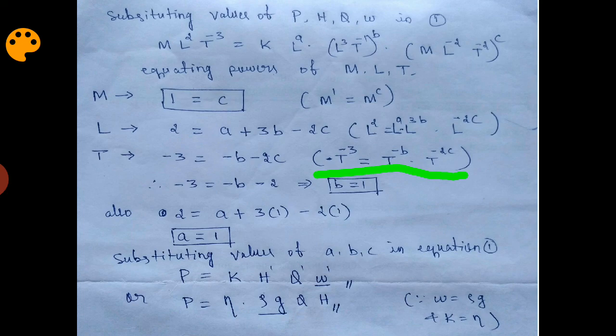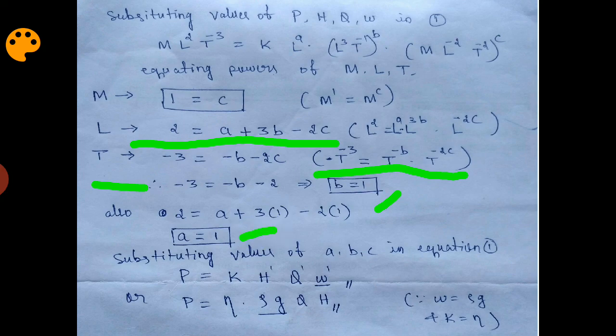So it is T raised to minus 3 is equal to T raised to b, T raised to minus b into T raised to minus 2c. So it will be minus 3 is equal to minus b minus 2. On simplification we will get b is equal to 1.